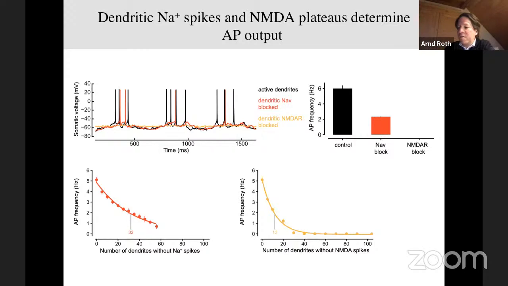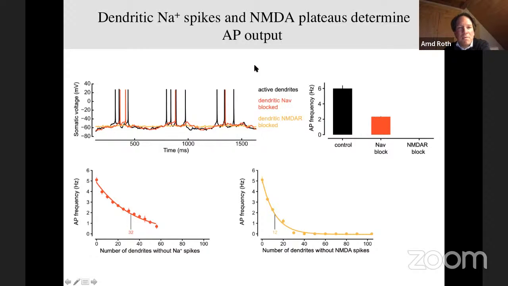And so this finding, which was made by Lavzin et al. in 2012 from Jackie Schiller's lab, by Smith, and by Lucy Palmer and in Matthew Larkum's lab in 2014, all these experimental papers agree that taking out NMDA receptors will stop the neuron firing.